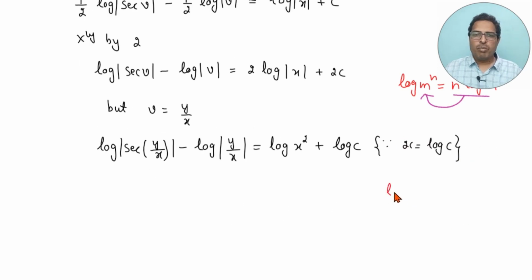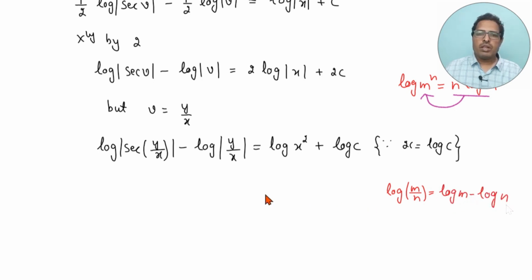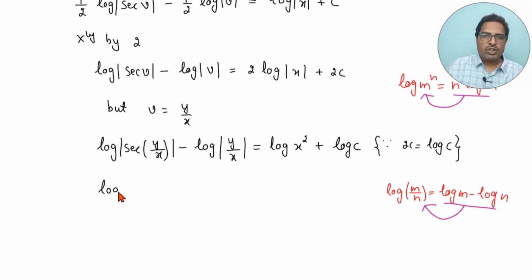We have another property log of m by n, which is nothing but log m minus log n. Now the given expression is in the form of log m minus log n, which can be written as log m by n. So therefore you can write it as log of mod secant of y by x divided by y by x.